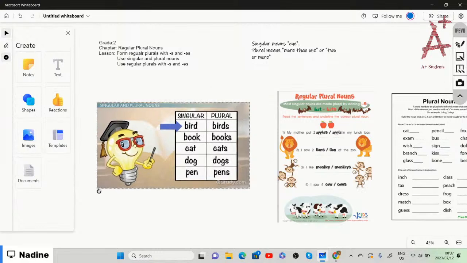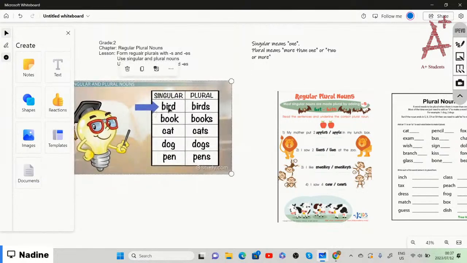And then here we also have a few examples, like for example, bird, birds. So one bird, two or more birds. And there we added an S. One book, right? One book, two or more books. And we just added an S, right, to make it plural.